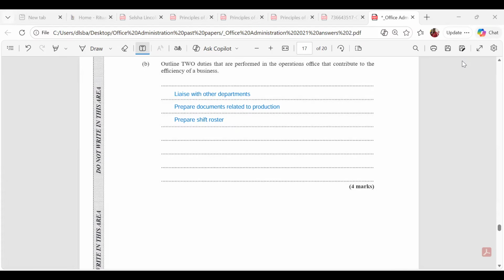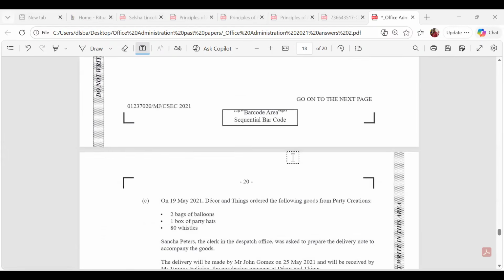Prepare shift rosters, prepare other documents related to production, ensure that the environment is safe for workers. Anything we could think of that relates to the production of the goods and services.